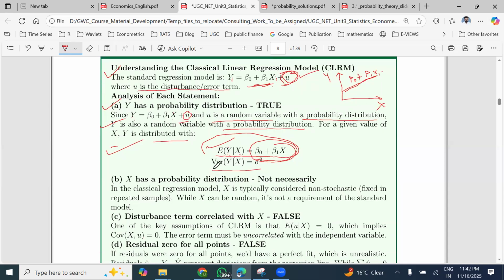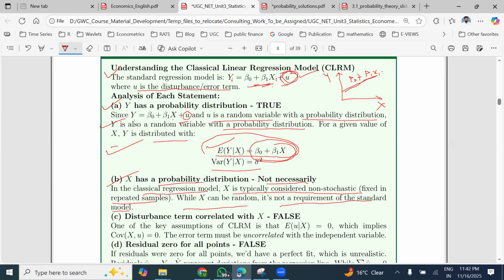So x has a probability distribution? Not necessarily. Why? Because in the classical regression model, X is typically considered non-stochastic. This is what I have already told you. While X can be random, it is not a requirement of the standard model.